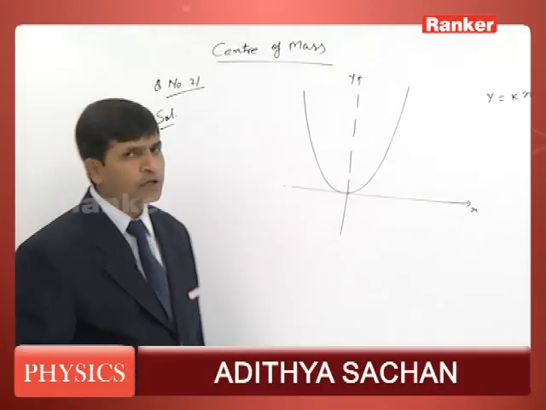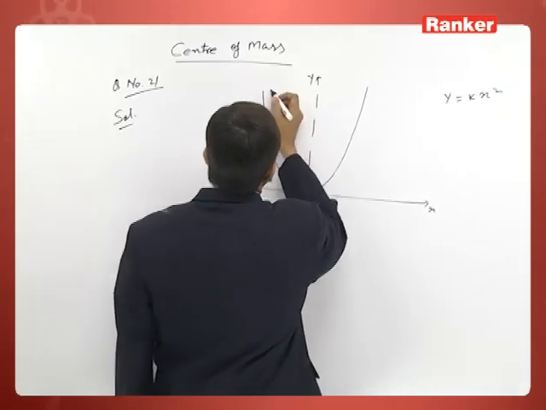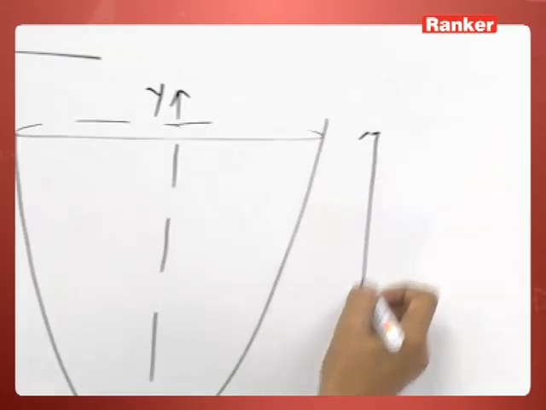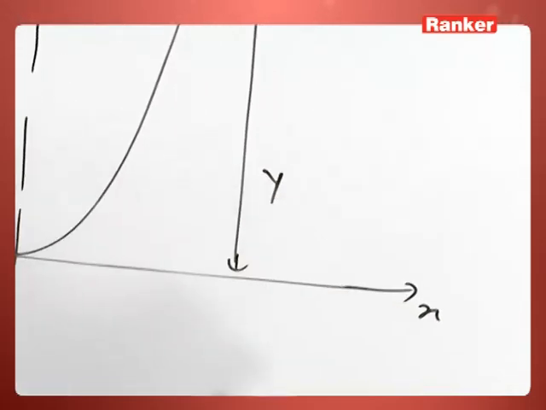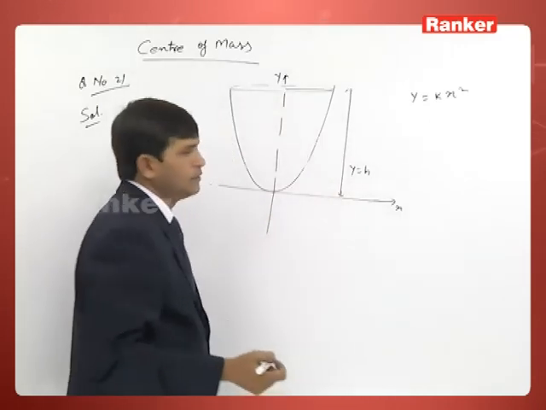This is our equation of this parabola. Now this height is the maximum height, given as h. And when y is h, we can get some value.